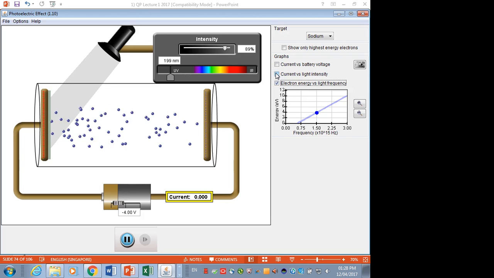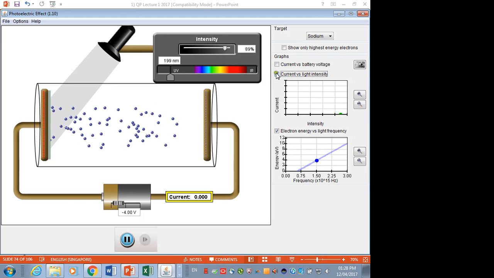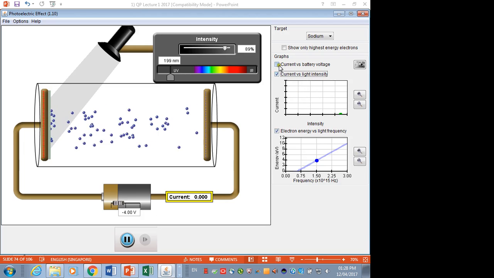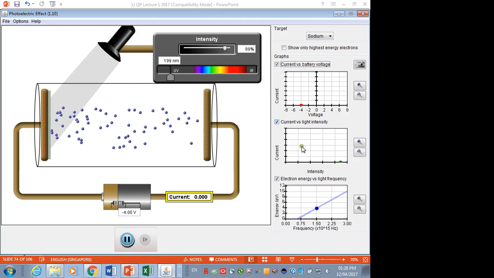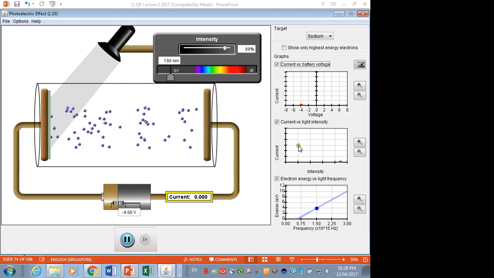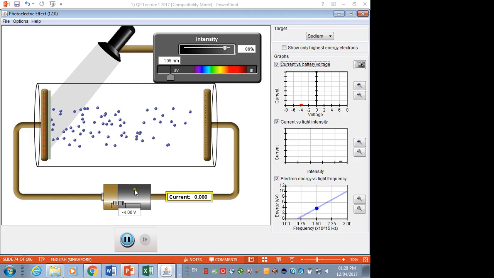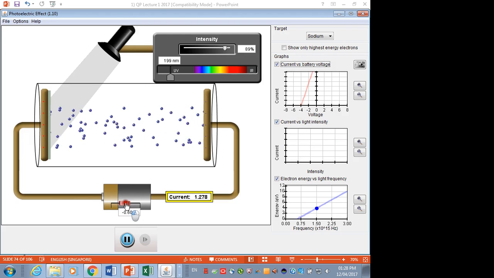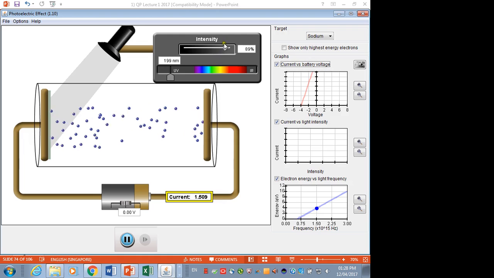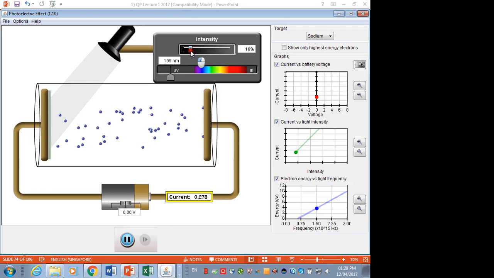But now look at the middle graph. Current versus light intensity. Okay? Shift this to 0. If I change the light intensity, watch the green graph. If light intensity is 0, no current.